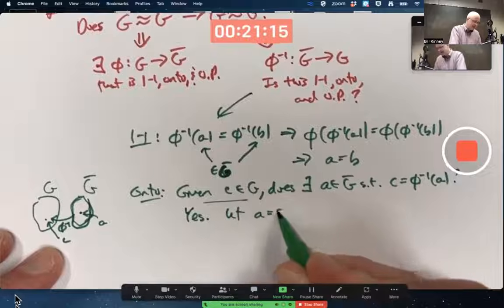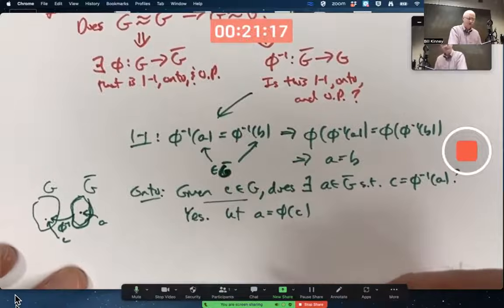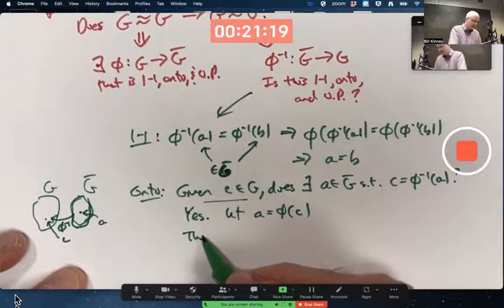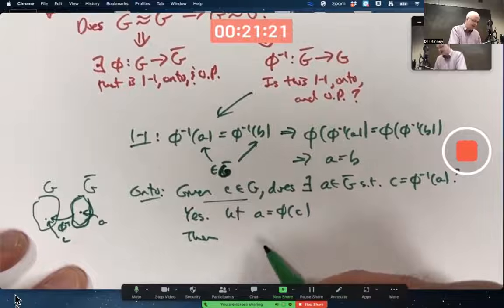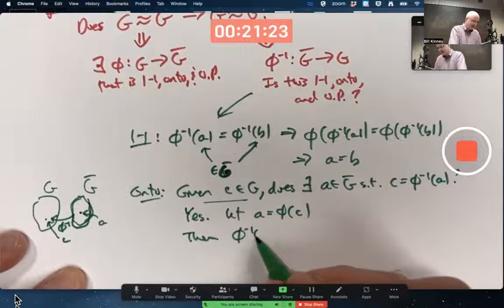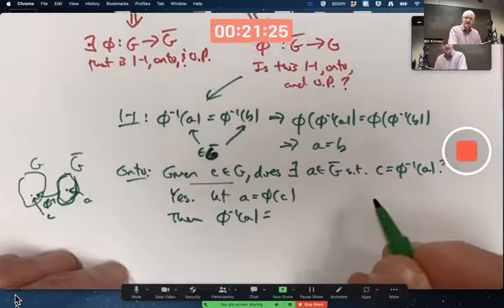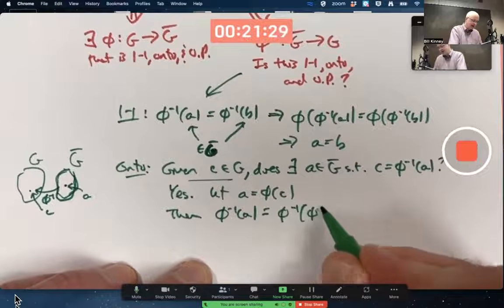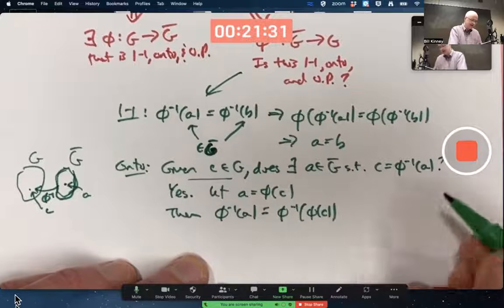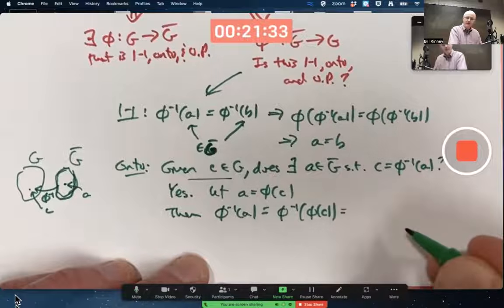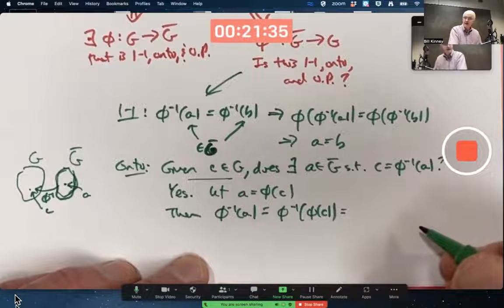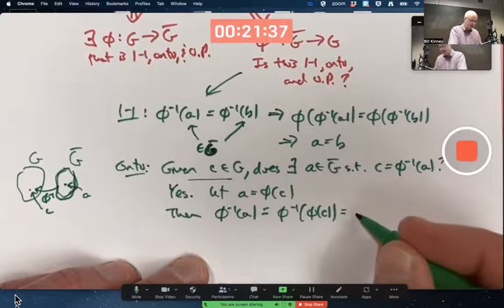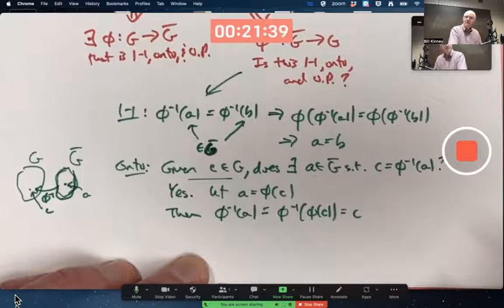Let A equal phi of C. Then what can you say? Phi inverse of A equals, by definition of A, phi inverse of phi of C. But once again, phi and phi inverse are inverse functions. They undo each other. That equals C. We're done.